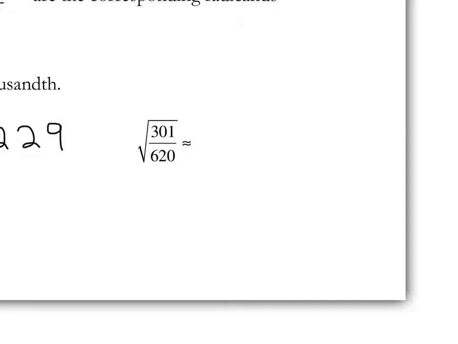Now 301 divided by 620. Take the square root of that. It is approximately 0.69. The next digit is 6, but the digit after that is 7, so we want to round that to 7. Make sure you round appropriately.